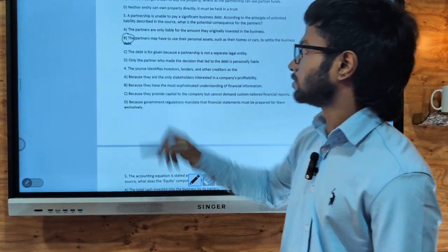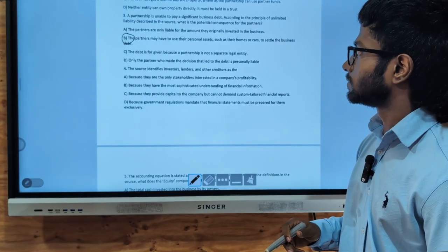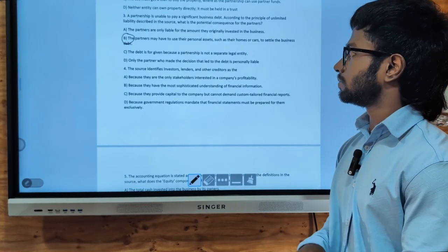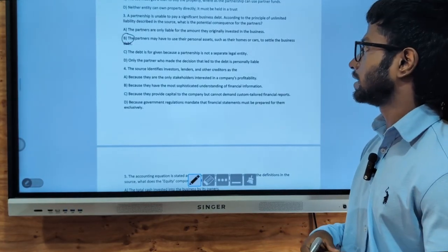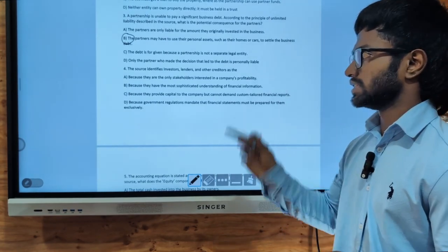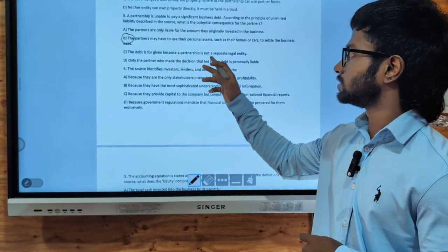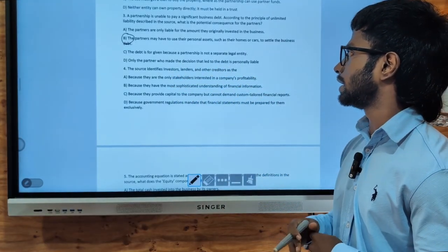B, we'll check the other two as well. The debt is forgiven because the partnership is not a separate legal entity. No, there is nothing like that. Okay, so next we have all the partners who made the decision that led to debt is personally liable.